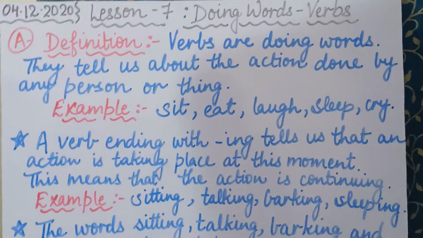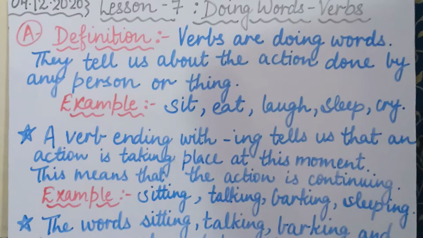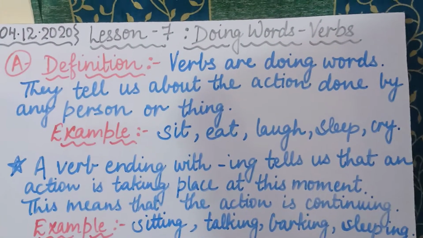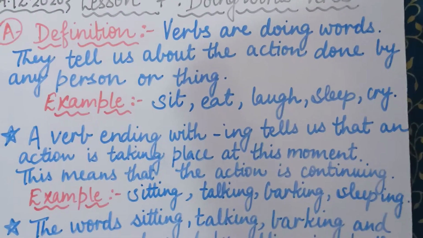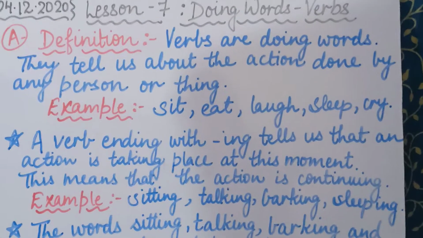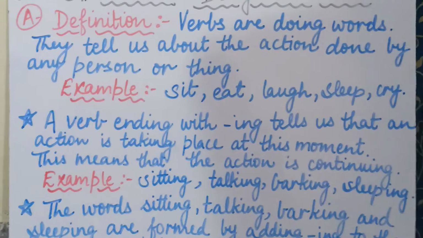Okay, listen. Then the word listen will be your verb. Why will it be your verb? Because we are doing something, we are listening to something. हम कुछ कर रहे हैं, हम कोई भी काम करने को verb कहते हैं.